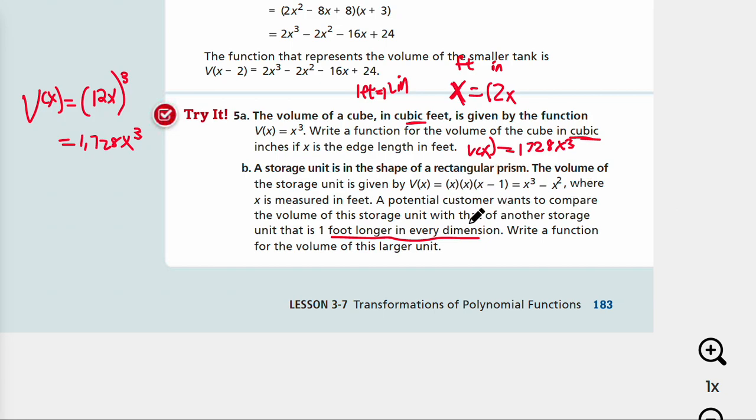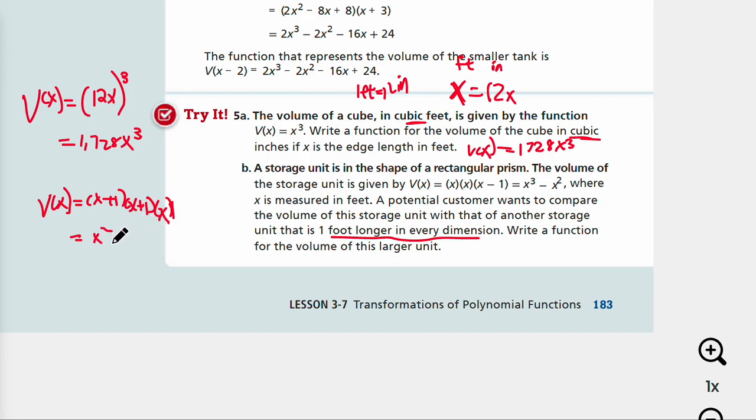Now part B. You know the dimensions, and this is written in feet. And so the dimension needs to be enlarged by 1 for each unit. So then x plus 1 times x plus 1 times x minus 1 plus 1 is 0, so times x. And then you can multiply this and then multiply by x, right?